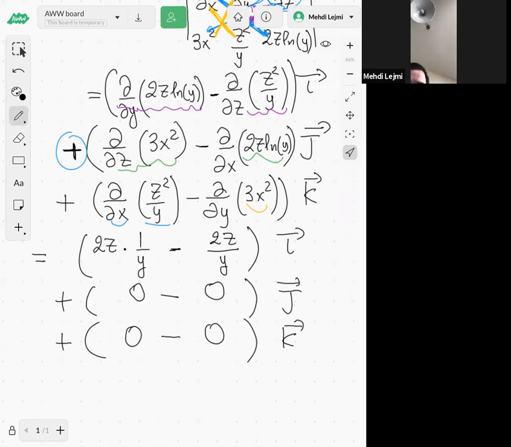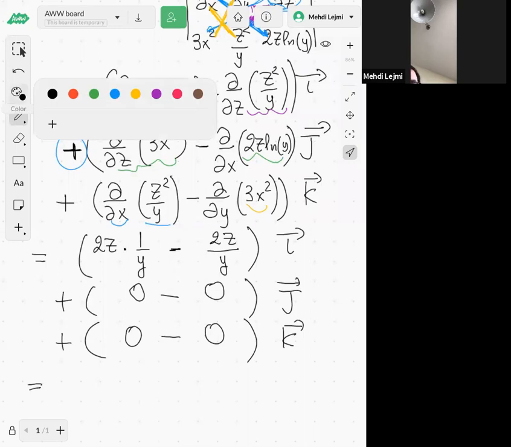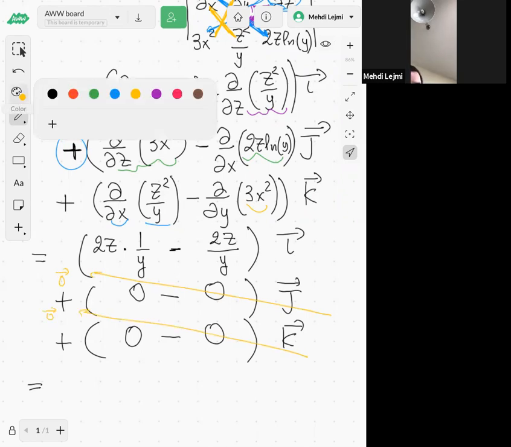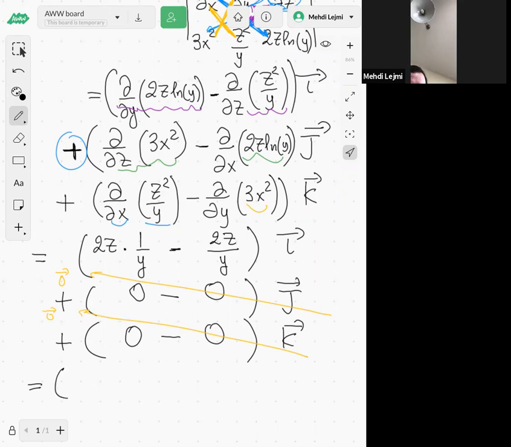Now for the coefficient of i, we're going to have 2z over y minus 2z over y. Okay, so this is just 0. All right. For the first one, the same thing. It's just 2z over y minus 2z over y, right?